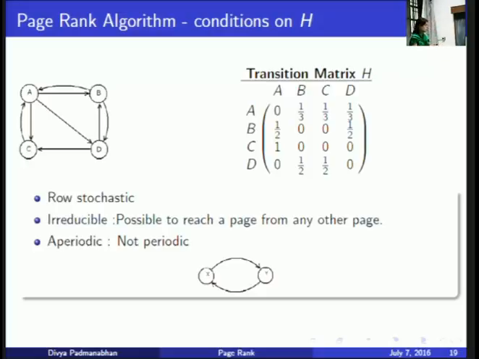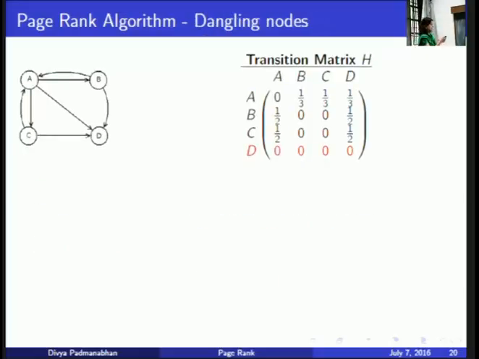Now look at this example. Here there's a problem, because this page D doesn't have any outgoing links. So one row of this matrix becomes 0. Immediately it violates the row stochastic property. How do you handle it?